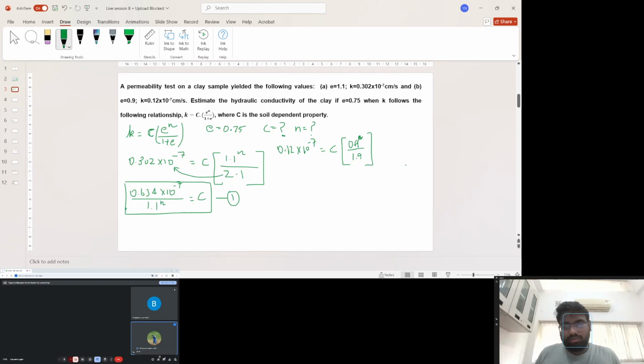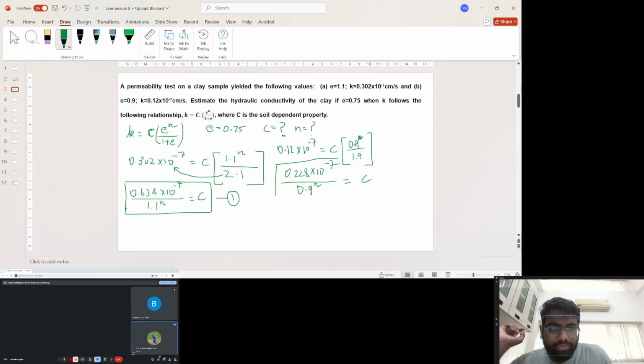Now take this to this side: 0.12 into 1.9 will come to 0.228 into 10 power minus 7 by 0.9 power n is equal to C. So this will be equation 2.